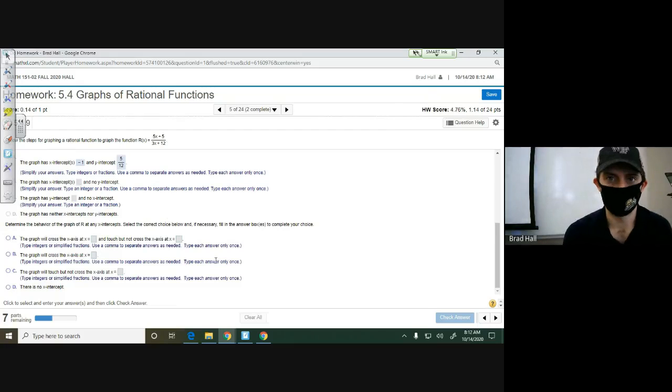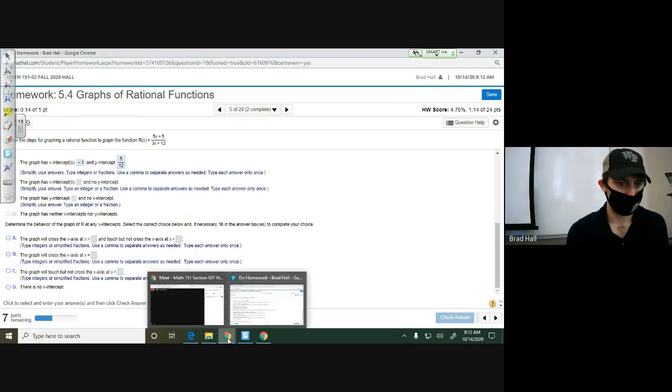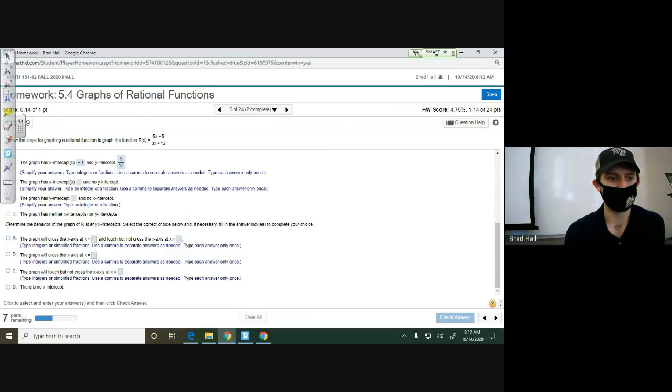So what it goes on to say, now that we have in particular the x-intercepts, which are much more important in the situation, then we need to determine the behavior at all the x-intercepts, which we only have one. So it's nothing too crazy. And we're trying to determine whether the graph will cross or touch. So we're going back to this idea of crossing or touching.